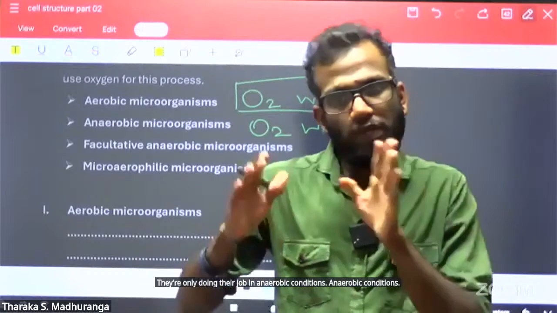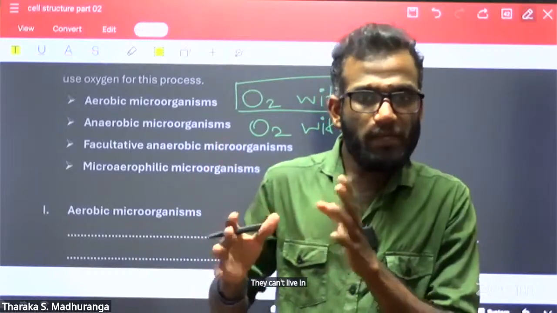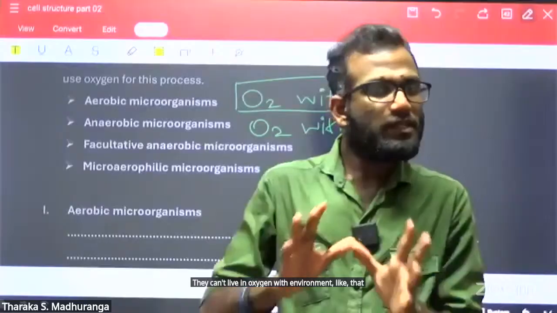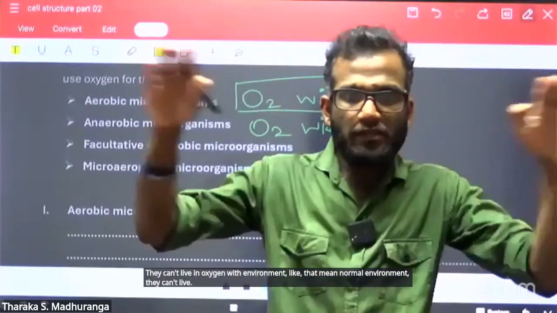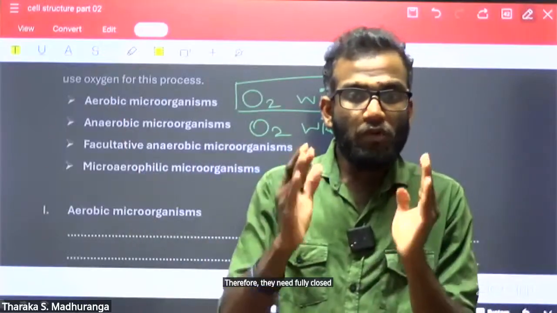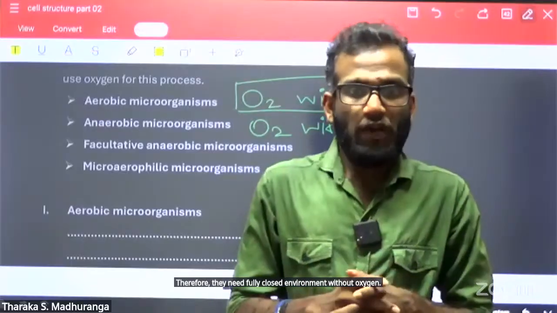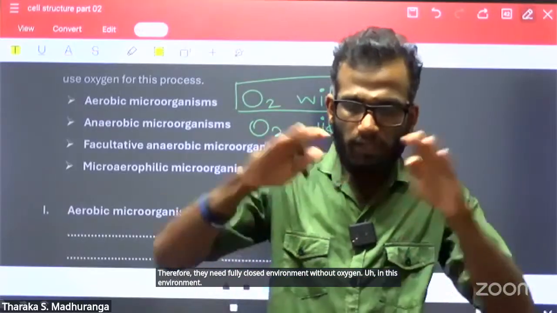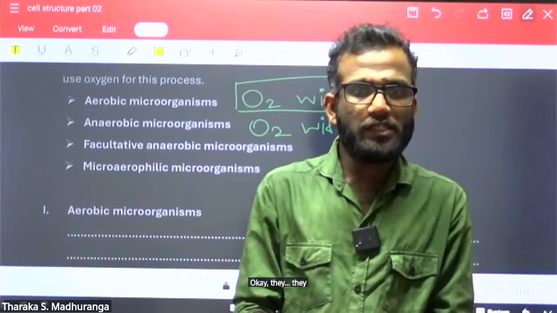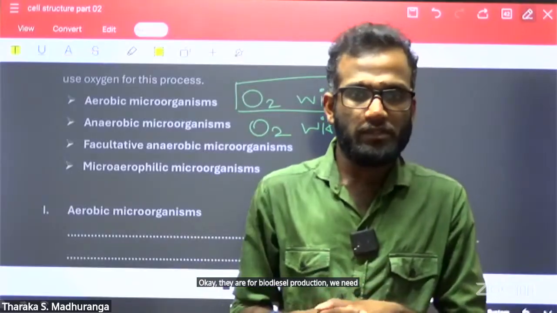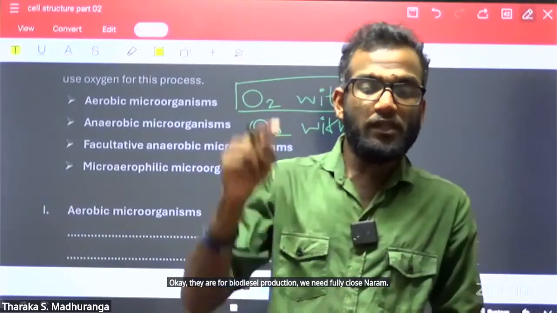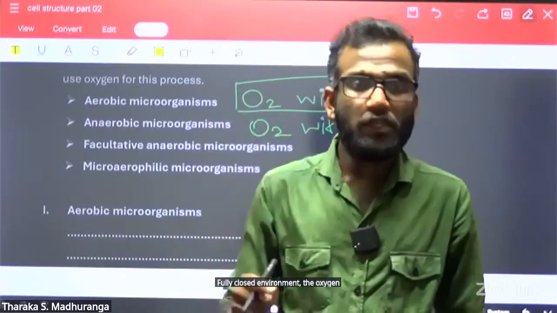They can't live in a normal environment with oxygen. Therefore, they need a fully closed environment without oxygen. For biodiesel production we need a fully closed environment, and the oxygen amount should be zero.